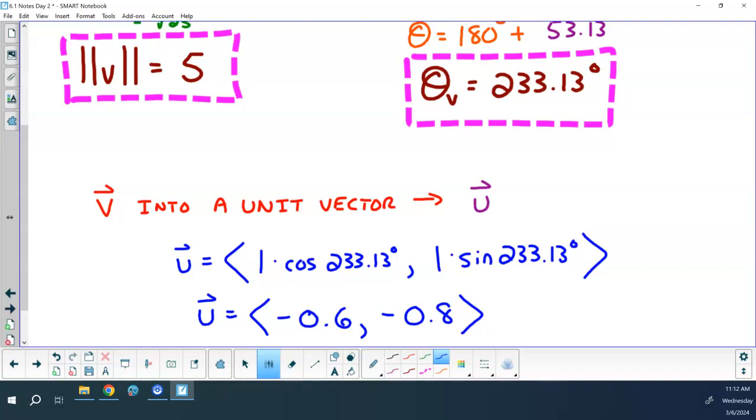Currently, the length is 5. So we have to make it smaller, so that's a unit vector, but in the same direction. So we take the magnitude times the cosine of its direction angle. I did this calculation, and I got this. Did this calculation, and I got that. To a unit vector.